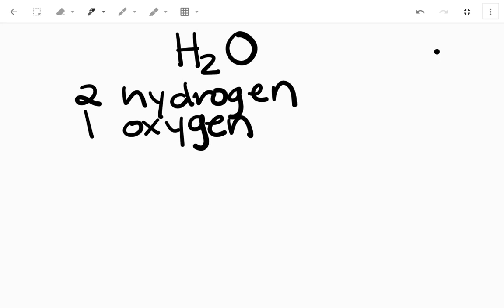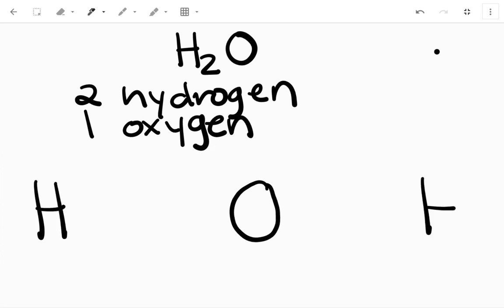So I'm going to start with oxygen. Oxygen is going to be the main element since it's a little bit more to the left of the periodic table. So oxygen is going to be my main one. Here we go. I drew that O. And we have 2 hydrogens. So one here. I'm going to put one here.